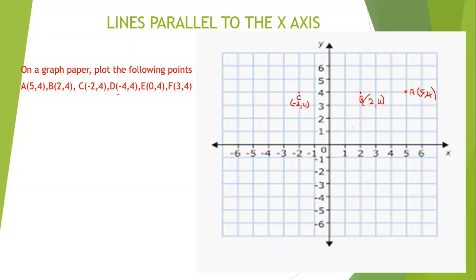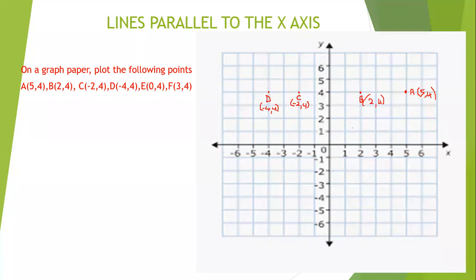The next point is D, minus 4, 4. So on the x-axis, we have minus 4 over here. And on the y-axis, we have 4 over here, right? So the point will come over here. So I'm just writing the name of the point over here and the coordinates in the bracket, minus 4, 4.